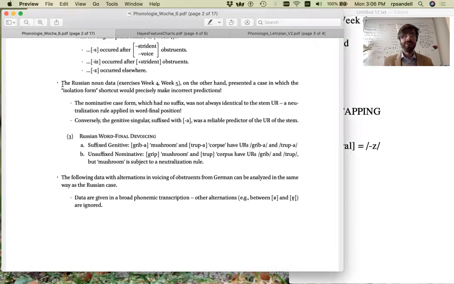And similarly, with data from Russian nouns, which we discussed a little bit in exercises and in week 5, those present a case in which taking the isolation form shortcut would precisely make incorrect predictions.